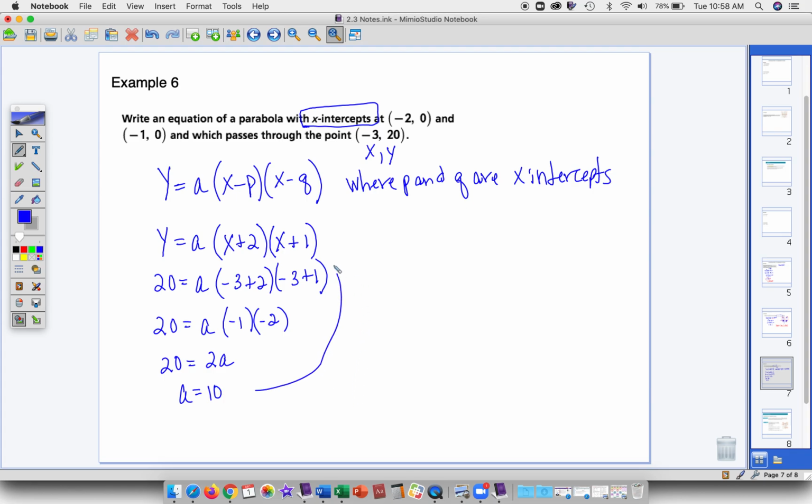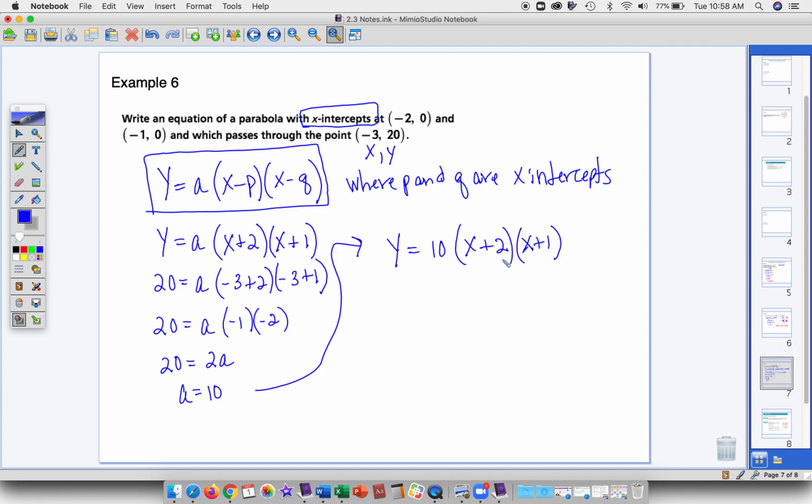So the final form is 10 times, I can rewrite these two factors again, x plus 2, x plus 1, or you can think of it as just plugging back into this form. And if you're asked to write it in standard form, then I would square this out first, right?